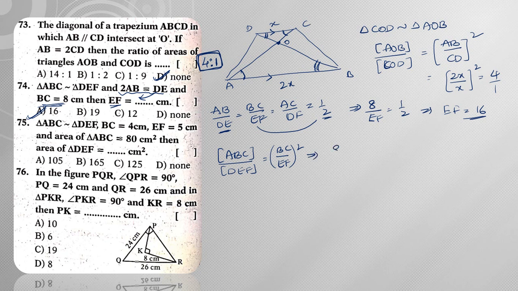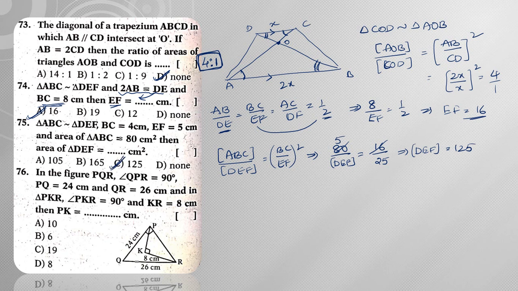Now substituting the values, ABC is 80 by DEF we don't know, which is equal to BC square by EF square, 16 by 25. So 16 into 5 is 80. When I do cross multiplication, area of DEF will be equal to 5 times 25, which is 125. Hence the answer is 125.